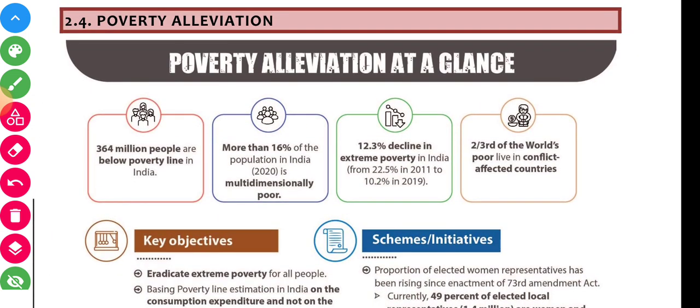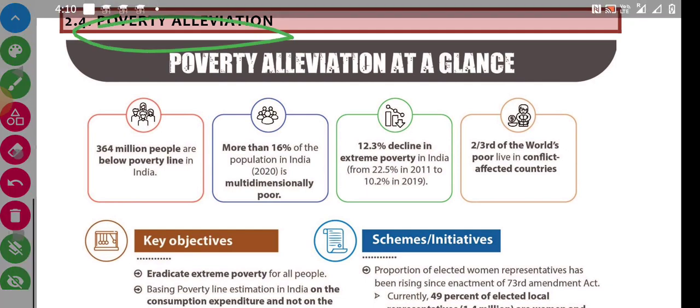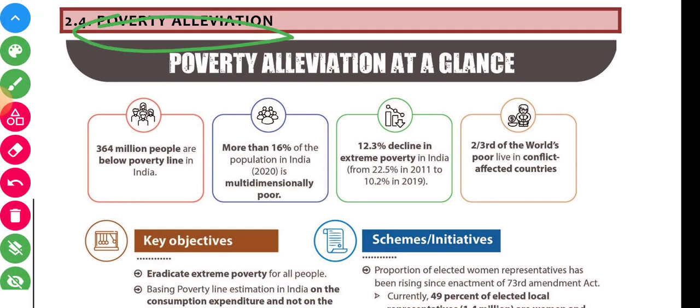Next is poverty alleviation. Poverty in India: 364 million people are below poverty line in India.